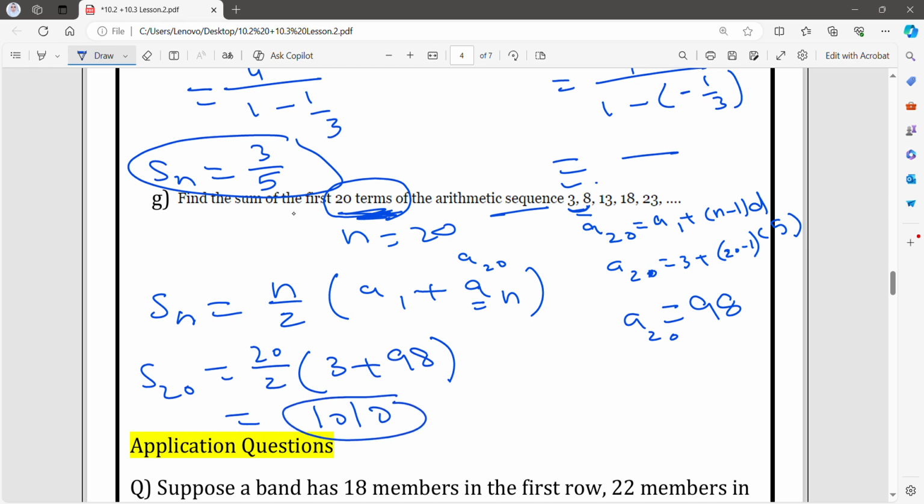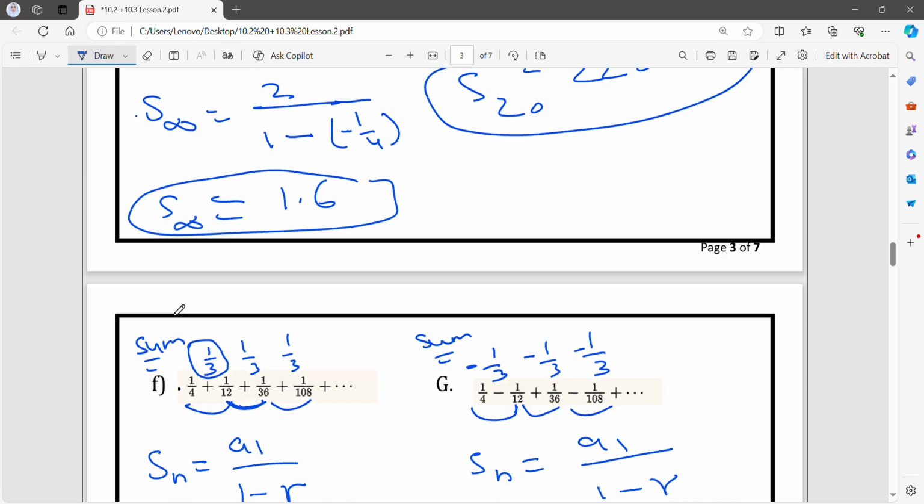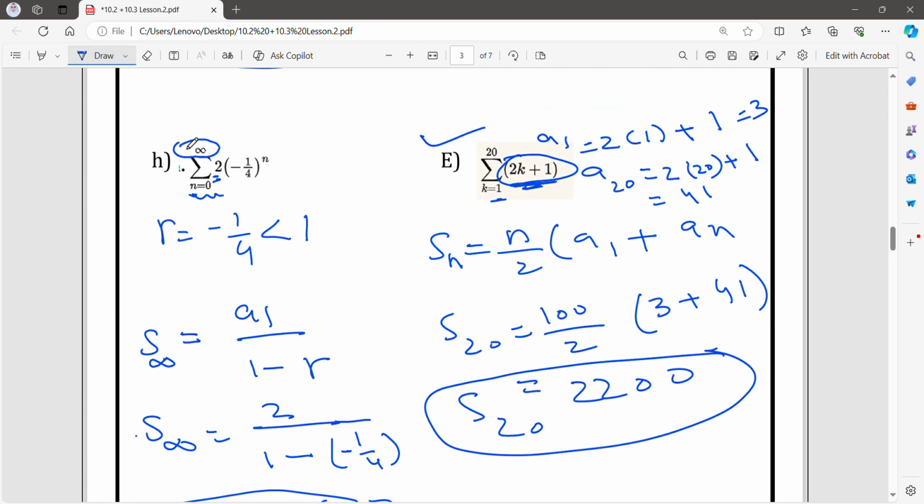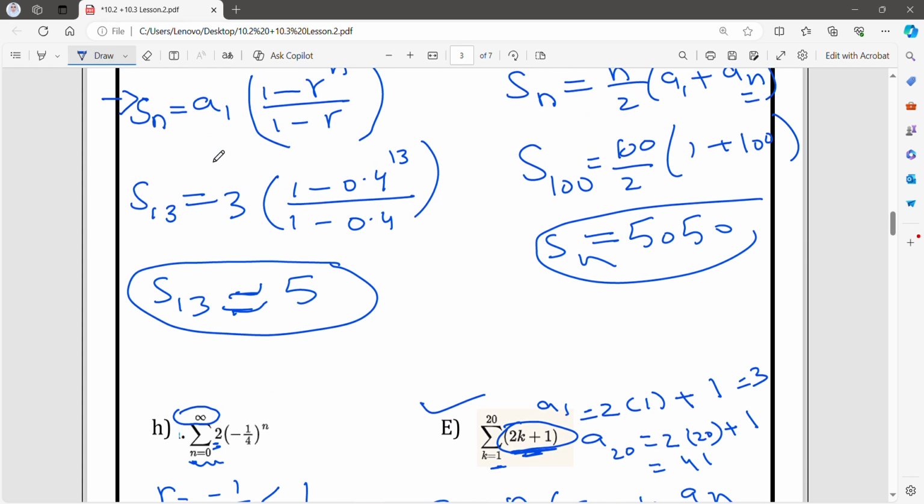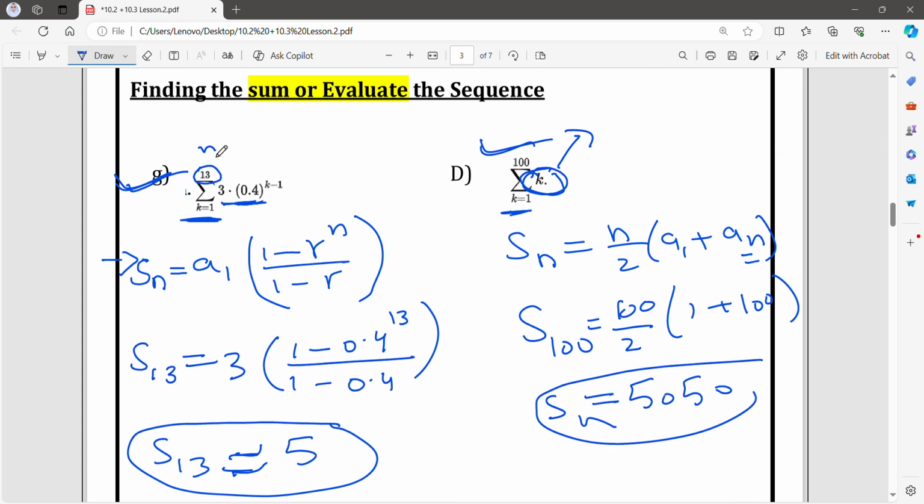Okay, so in our lesson in arithmetic sequence, whenever you are finding the sum, whether it's finite or infinite, they should give you n. But in geometric, if it's a finite geometric sequence and you know n, how many terms, you use this formula directly.